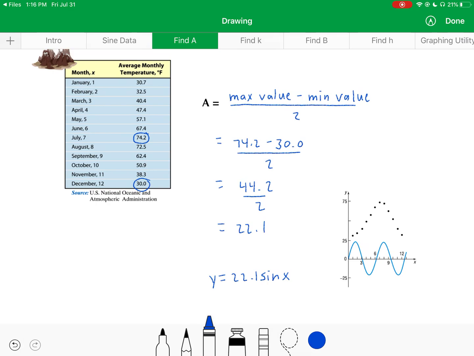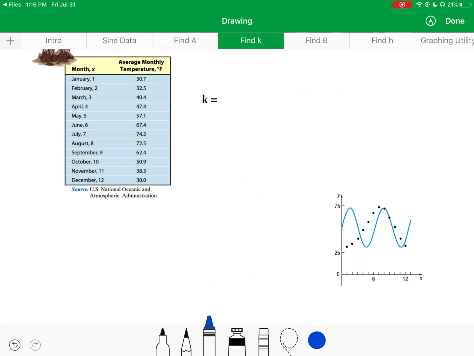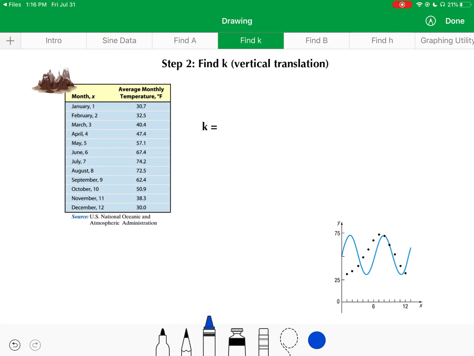Now we move forward to the k parameter, and we know k affects our vertical translation, right? That ultimately has an effect on the midline of the curve. You can think of the midline as the average of the high and low points in your data set.